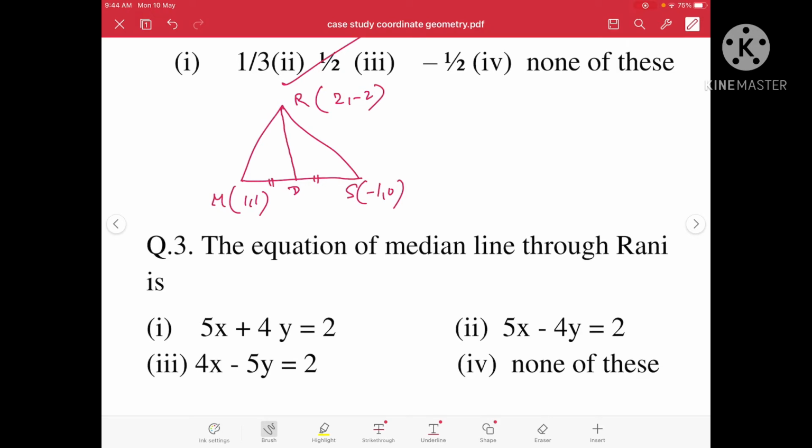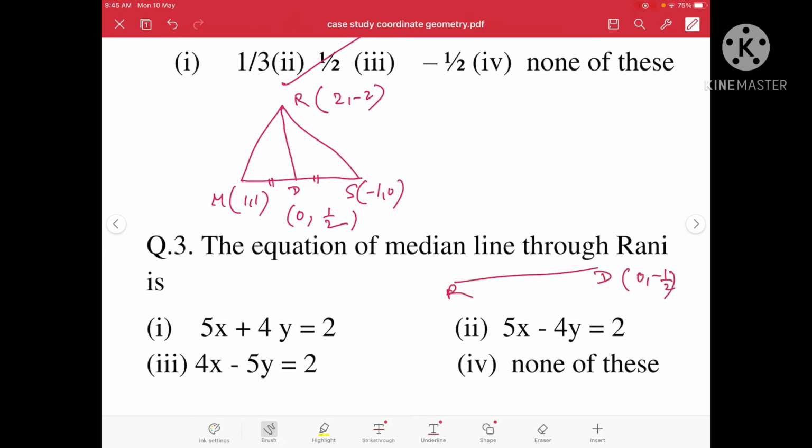So by using the midpoint formula, I can find the point D. The D point will be (1 minus 1) by 2, which is 0, and (1 plus 0) by 2, which is 1 by 2. We know the midpoint formula, that is (x1 plus x2) by 2 and (y1 plus y2) by 2. Now we have to find the equation of RD.